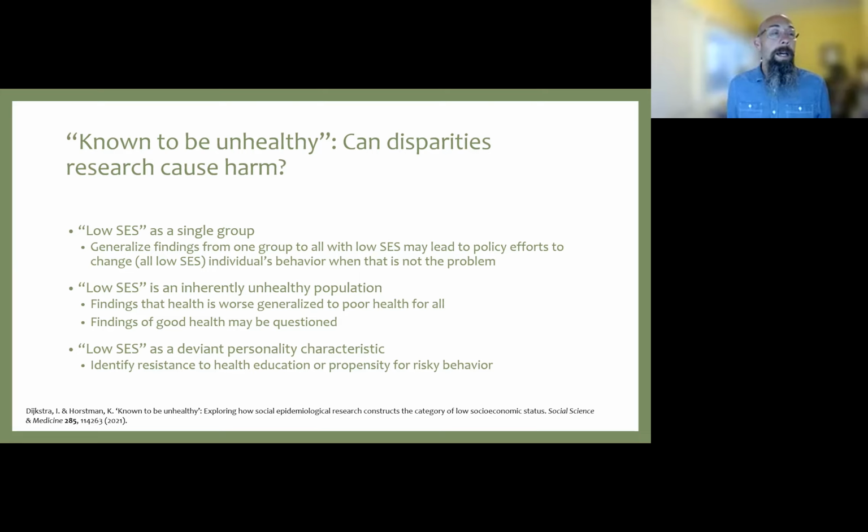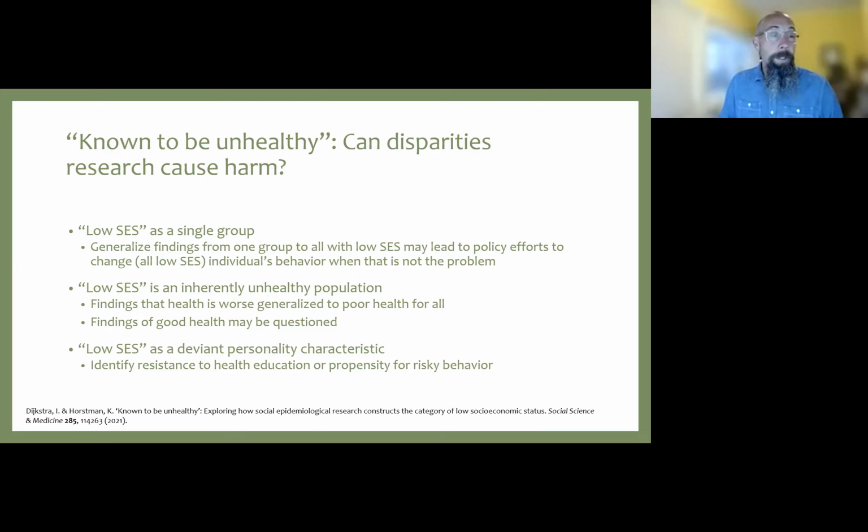One was this tendency to treat low SES as a single group. So to generalize findings, you studied a small group of people and you assume that it's the same experience for everybody who's low socioeconomic status. And so that maybe leads to policy efforts that aim to change individuals' behaviors in ways that may not make sense for them, because maybe it lacks additional context about the variation among those people.